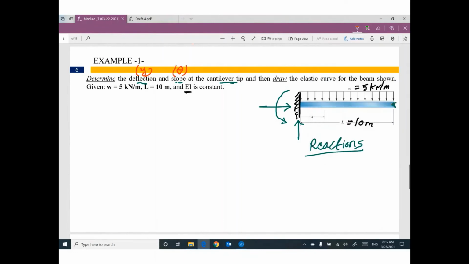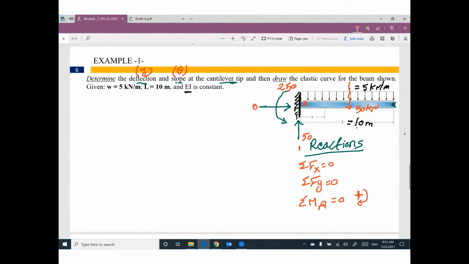Go back to chapter number 1 or 2. If you apply summation Fx equals 0, this reaction equals 0. This distributed load has an equivalent of 5 times 10 equals 50 kilonewton. If you apply summation Fy equals 0, this reaction will be 50. If you apply summation of moments at point A equals 0, assuming this direction is positive, this moment will be 250.